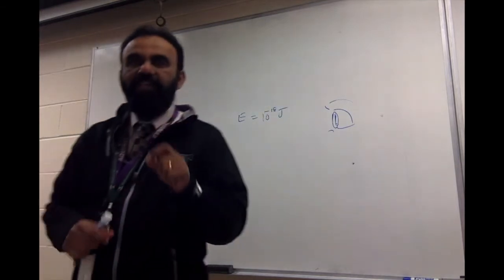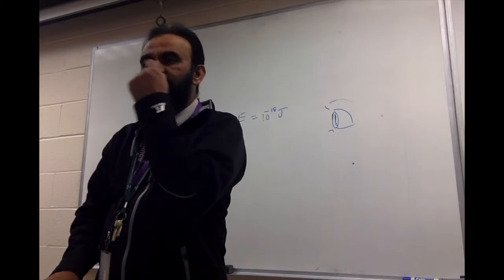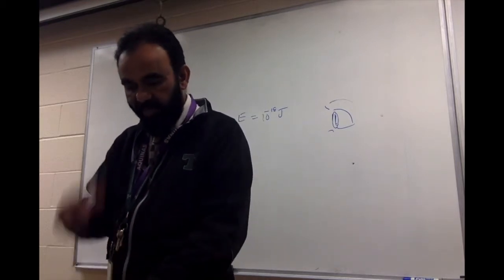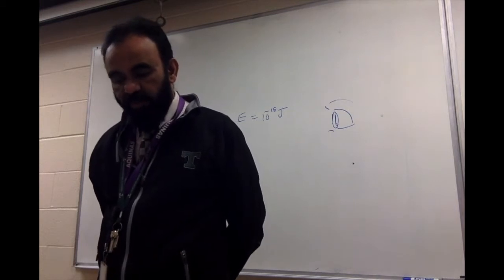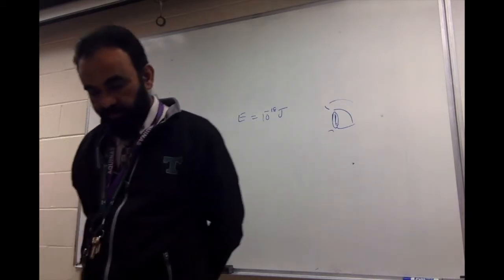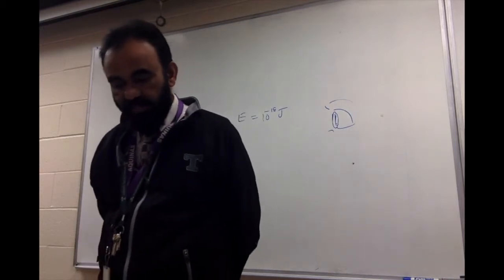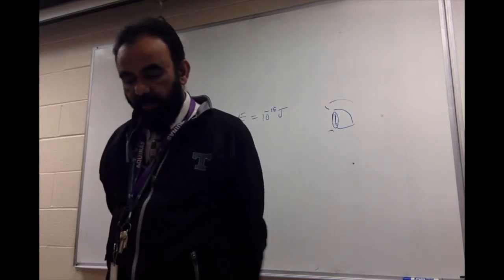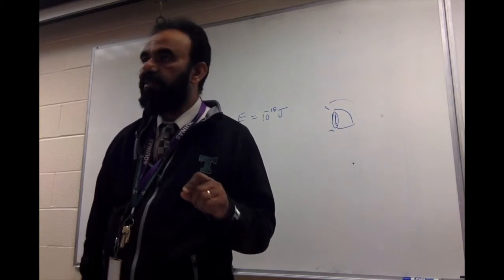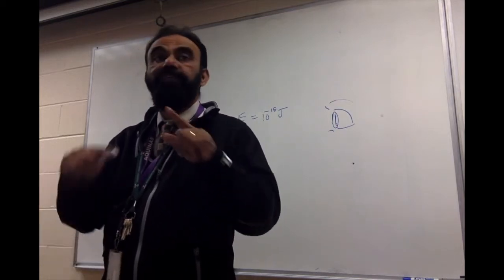That means if that much energy enters your eye, you will see a flash. You get it? That's what it means. So again, I read: the human eye can respond to as little as 10 to the power negative 18 joules of light energy, for a wavelength at the peak of visual sensitivity, 500 nanometers.